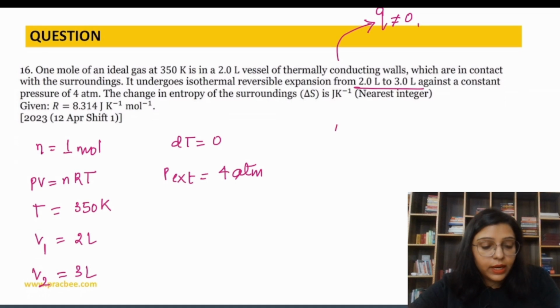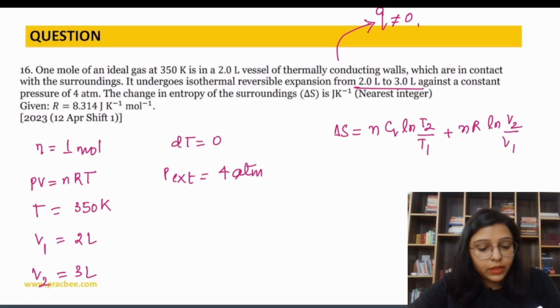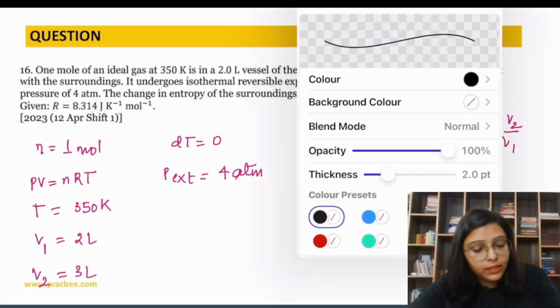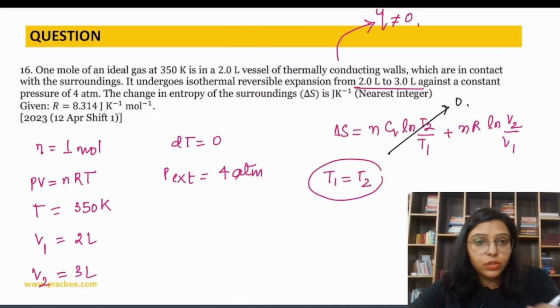See, we know that delta S is equal to nCv ln T2 by T1 plus nR ln V2 over V1. Right, that is for the ideal gas. So dT is equal to 0, so we can say T1 is equal to T2. So if T1 is equal to T2, then this term is equal to 0.